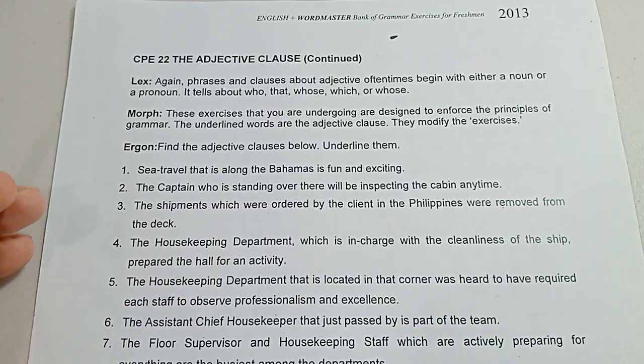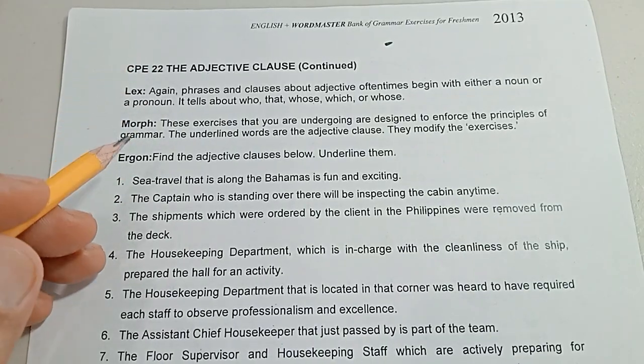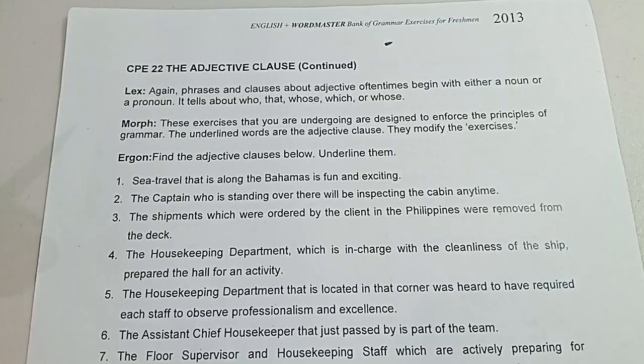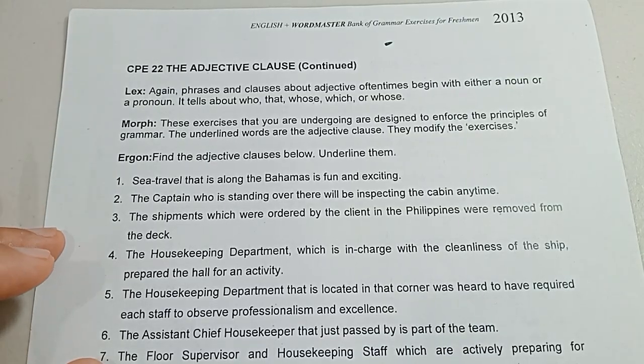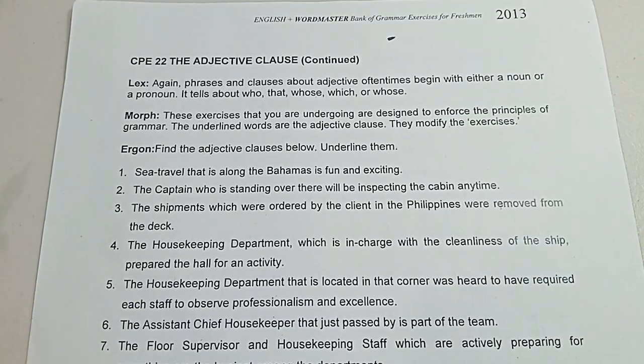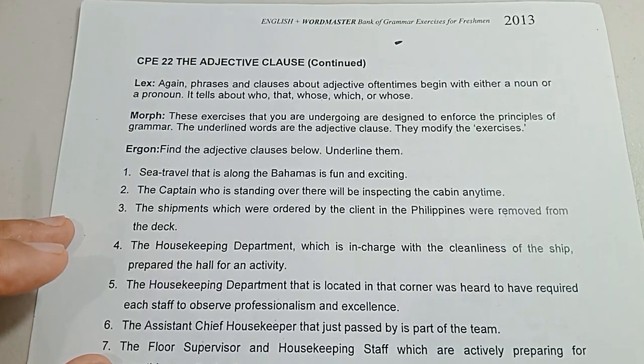I'd like to tell you that from now on, from this lesson, the grammar that we're going to study is going to be in the advanced level. We're done with the beginners and the intermediate.